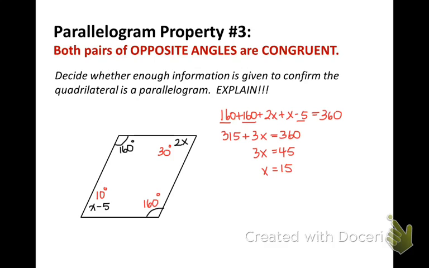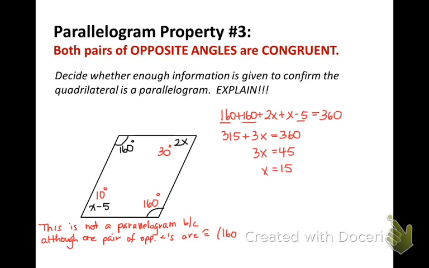Okay? So for this, the answer that I would expect to see is: this is not a parallelogram, because although one pair of opposite angles are congruent, and which angles are those?